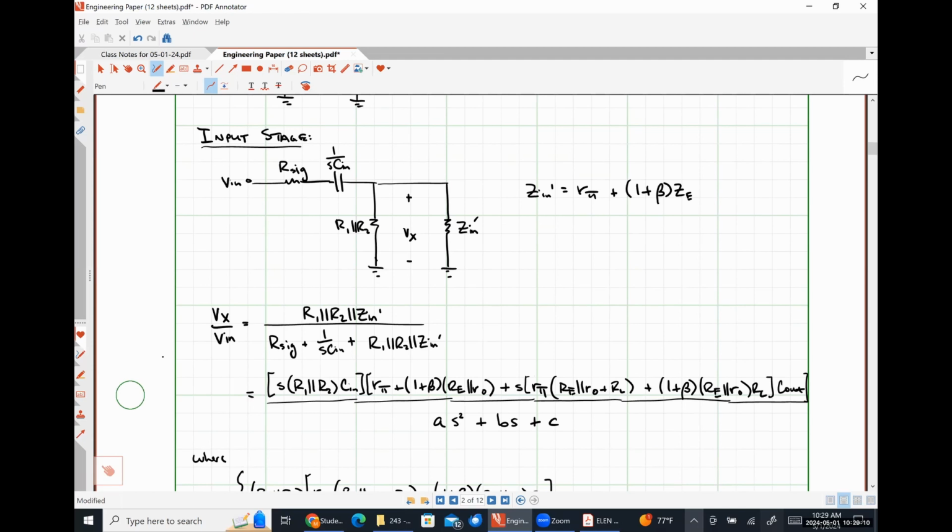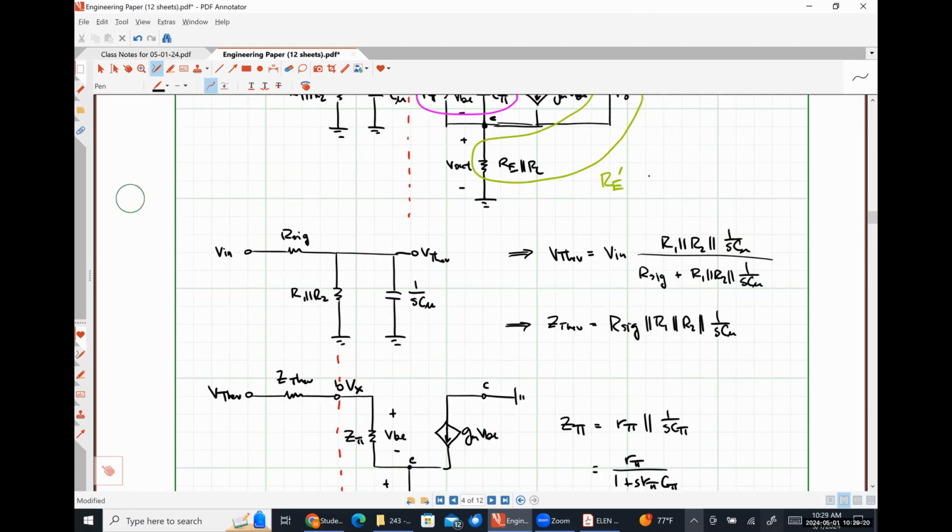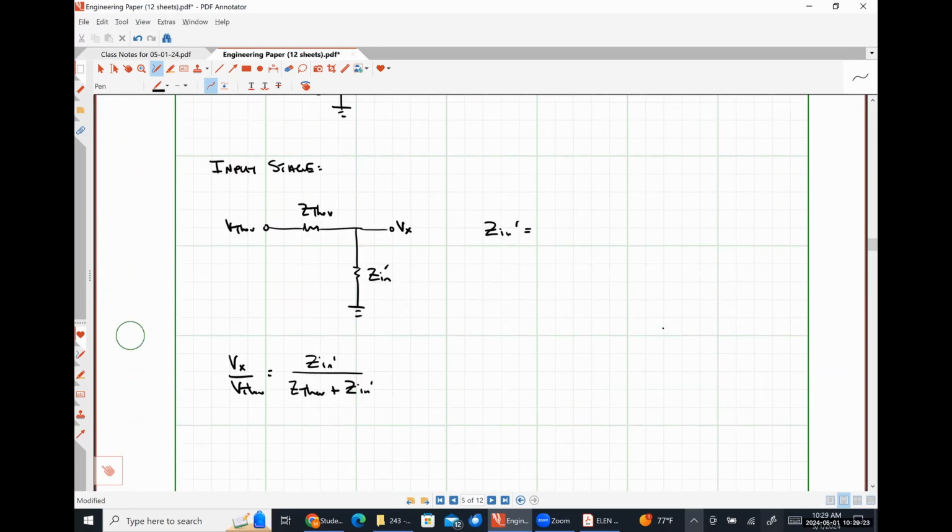Now it's going to look like Z pi plus 1 plus beta RE prime. Right? Give me RE prime. And that's where I ran out of notes.